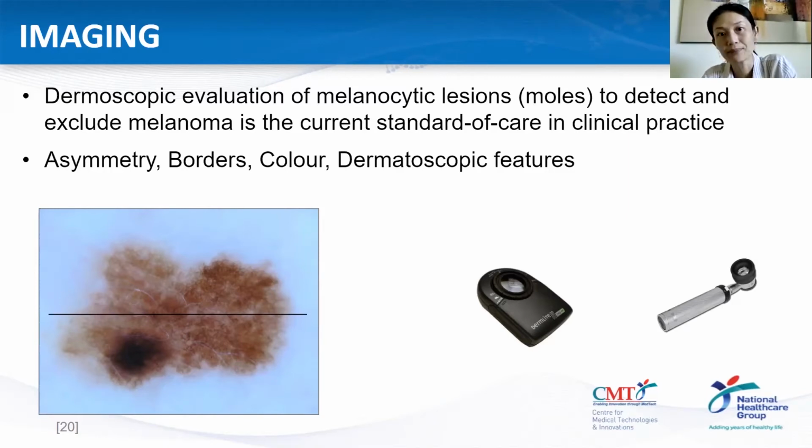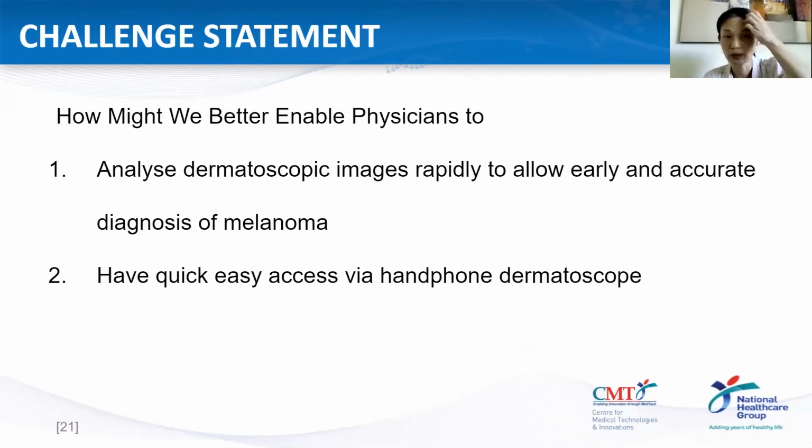To the next slide. So what we want to do is we want to actually have a way where we can analyze the dermatoscopic pictures rapidly so that it can be diagnosed early if it's a skin cancer. And once we have this algorithm out, how do we push it to mass media? So we want to have a handphone dermatoscope. So what you've seen earlier on is actually a physical dermatoscope.